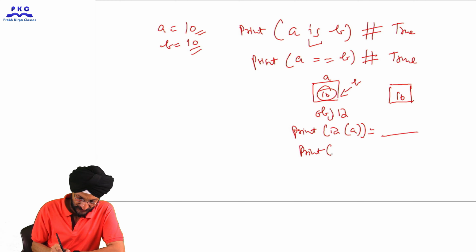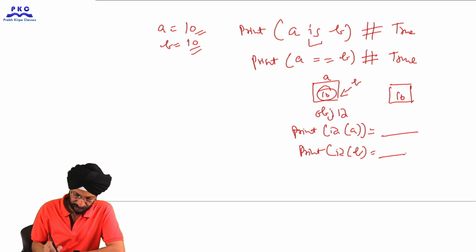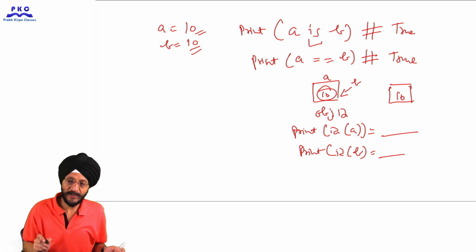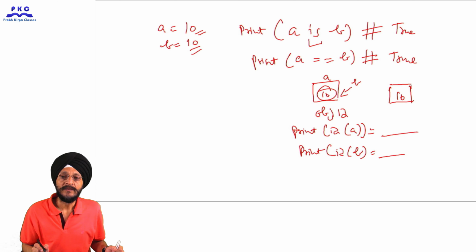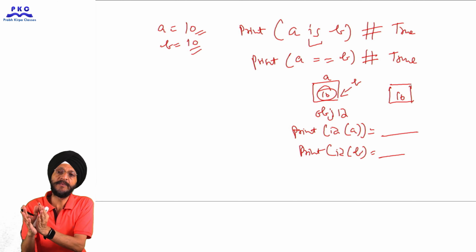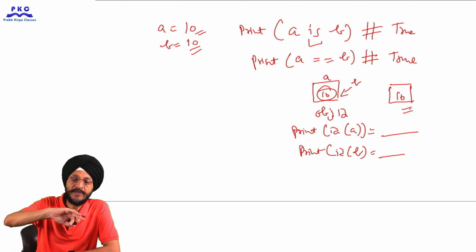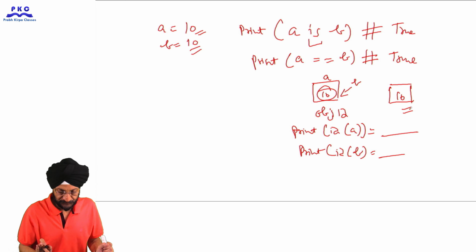We can also find the ID of b, but when we use the equality operator, the same will be shown, because the object ID will be the same.